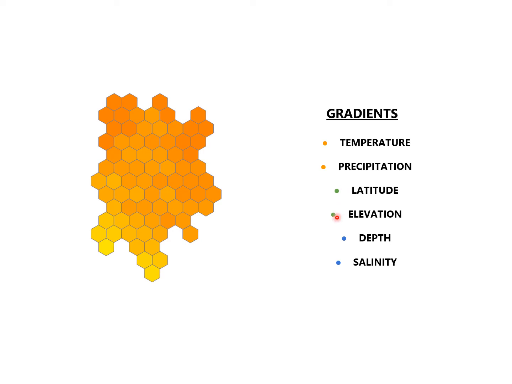But if the types of species that are there are dependent on these physical conditions, and the physical conditions are changing along some gradient, then you can expect the species composition, like what species are there and at what densities, to be changing as well.